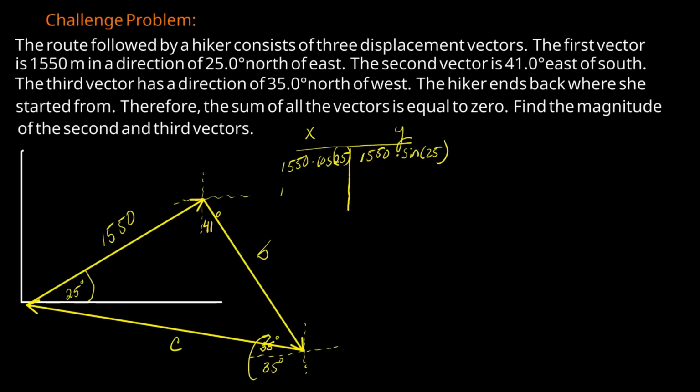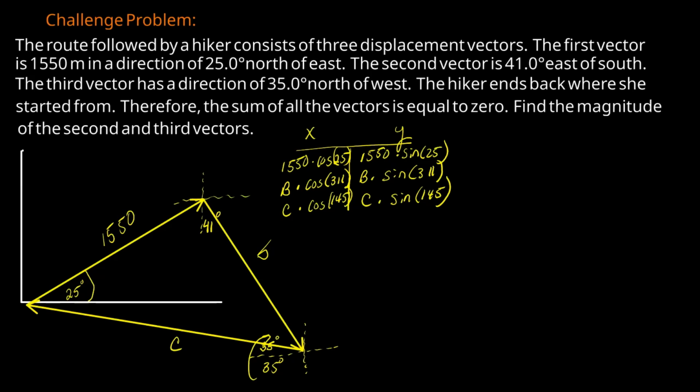On the next one I have B times the cosine of 311 and B times the sine of 311. Then C times the sine of 145. Since I'm having to measure all these from the positive x-axis, that's why I have to come all the way around to get some of these angles here. Okay, so let's go ahead. This is going to be done quite a bit differently.